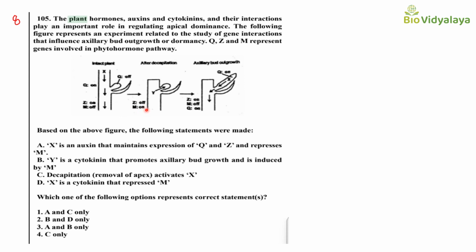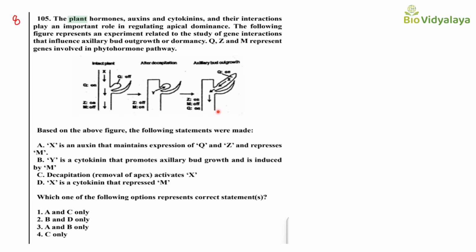So after decapitation, there is no hormone X. But hormone Y is there, that is moving to the axillary bud. And here, axillary bud outgrowth. Here you can see that hormone X is coming to the base of the plant.